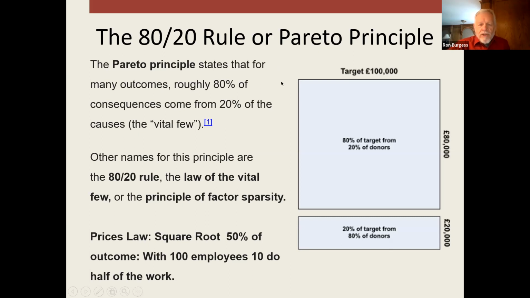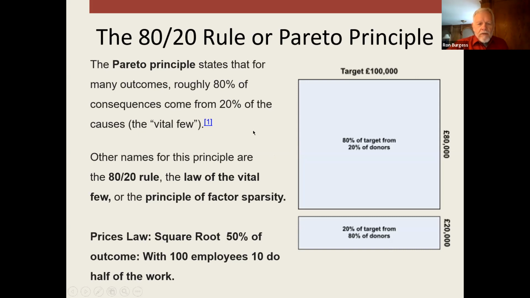So we're going to be focusing today around this whole issue. It's also called the law of the vital few, or the principle of factor sparsity. And then there's another one called Price's law, which is almost the same thing, and this is mathematically represented, where the square root of the number of employees ends up producing 50% of the outcome.